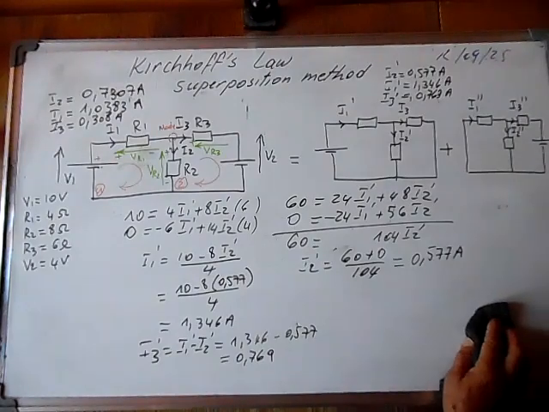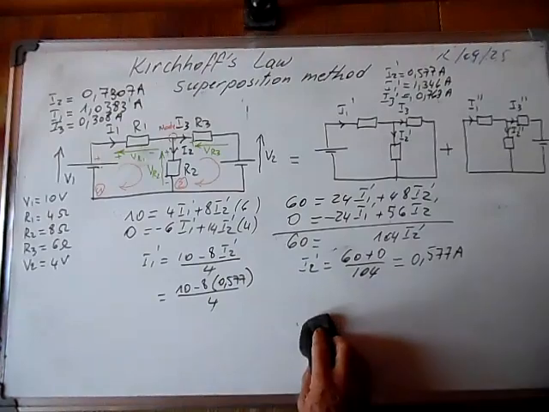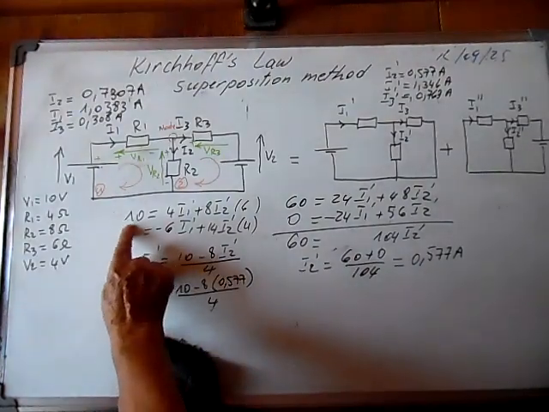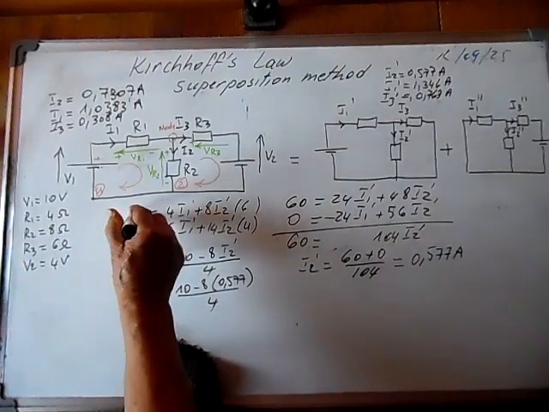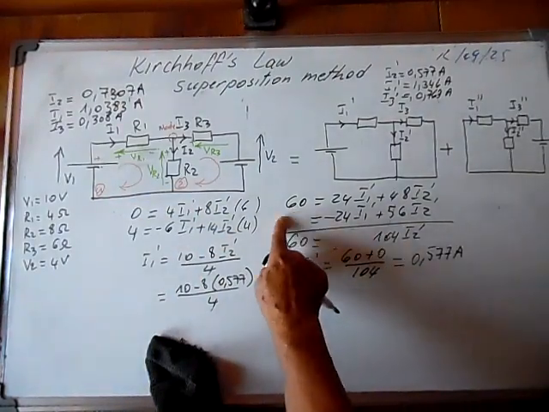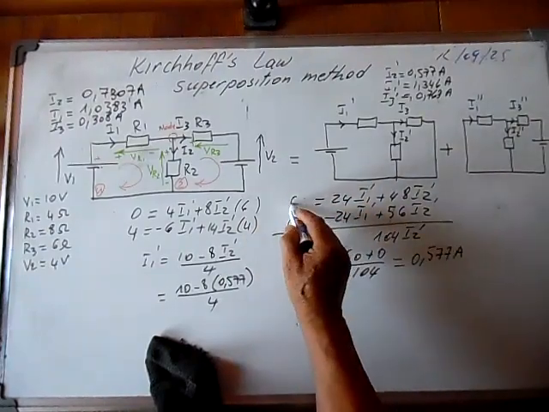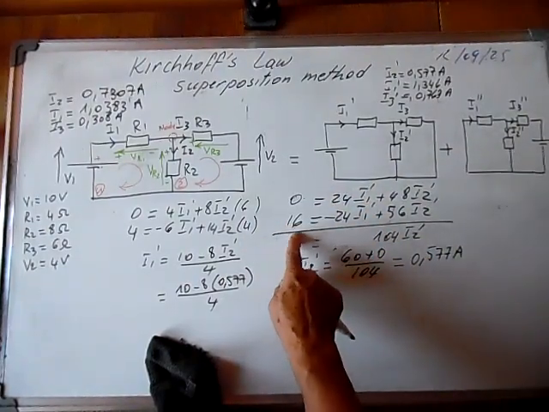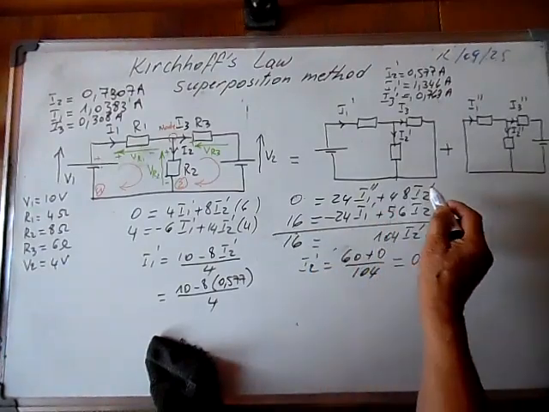Now we can go to calculate I2 second. So it means they are the same equations. Now V1 is 0. Here will be 16. Here will be 0. Here will be now 16. This is I2 prime.